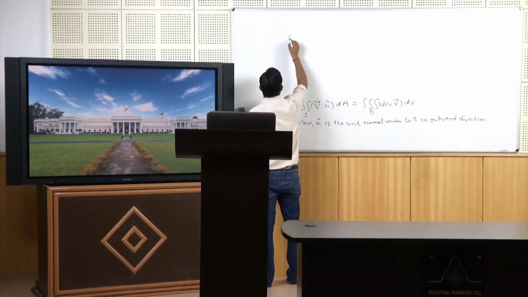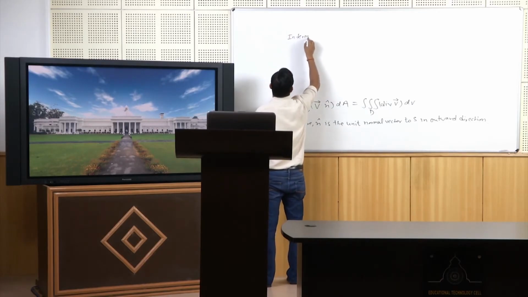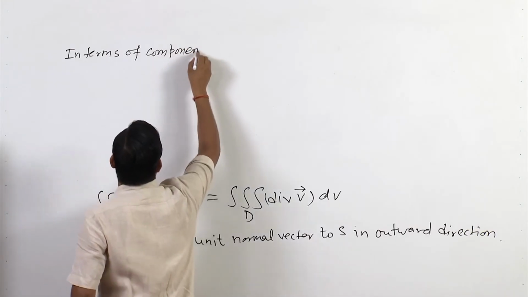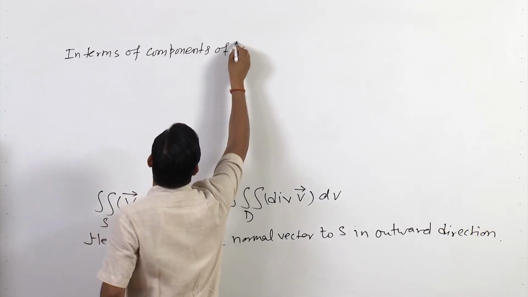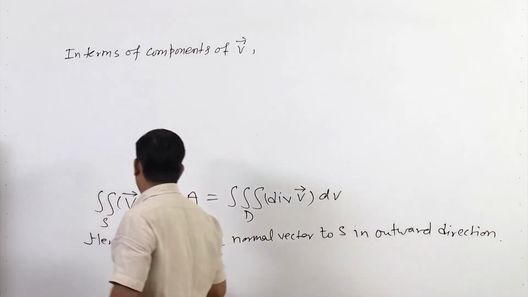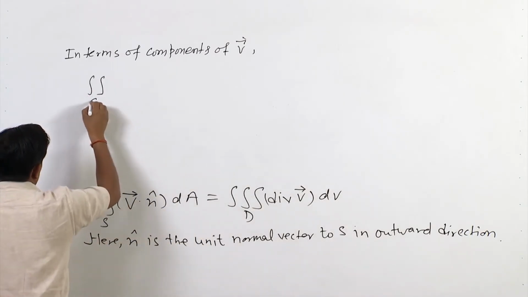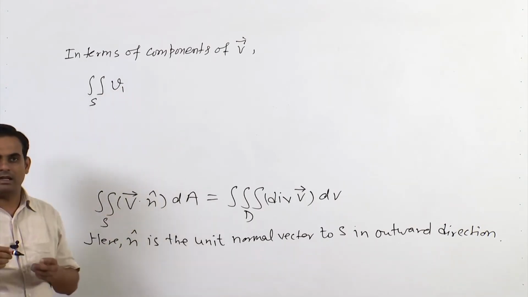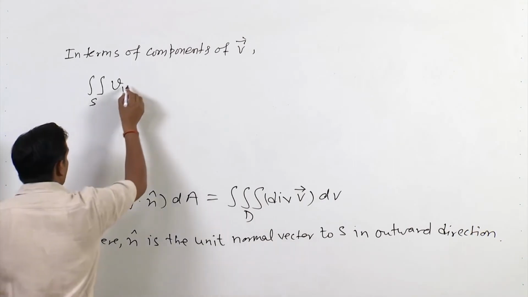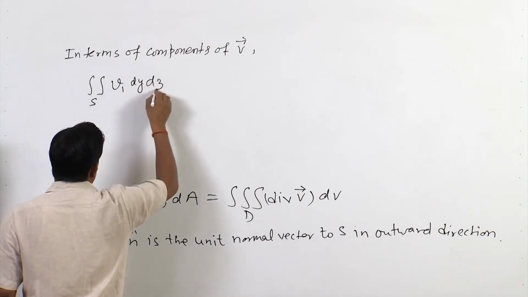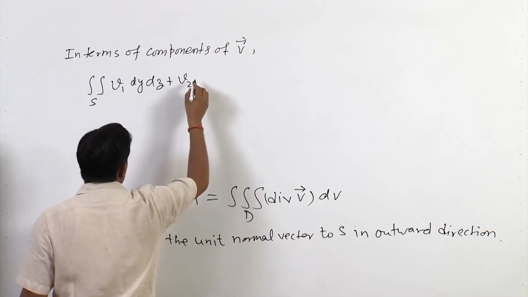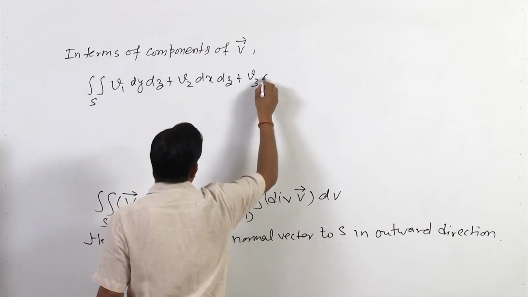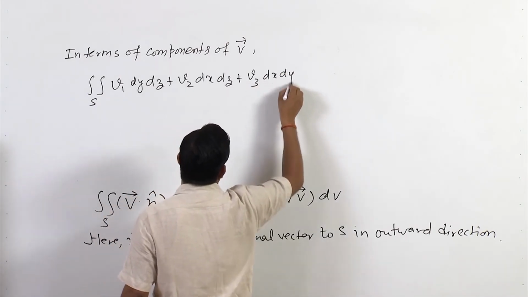Now, in terms of components of V, we can write this theorem as follows. V1 is the component of vector V in i direction. So, I can write V1 dy dz plus V2 dx dz plus V3 dx dy.